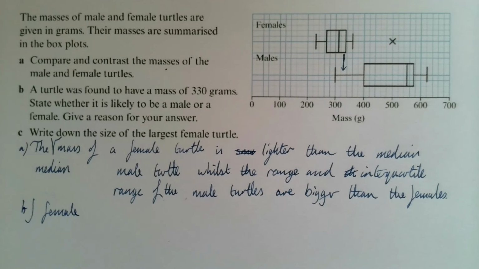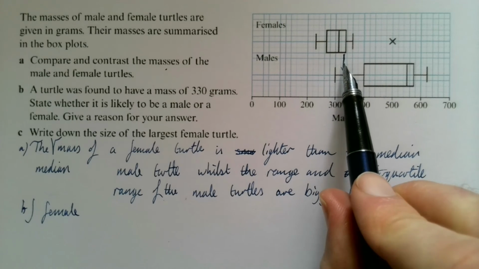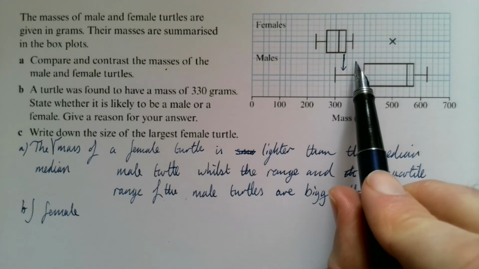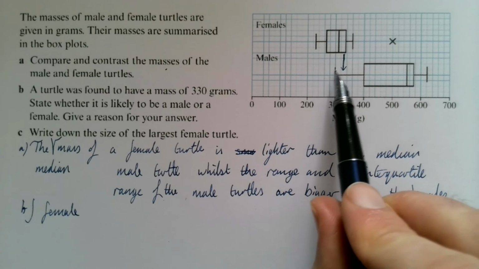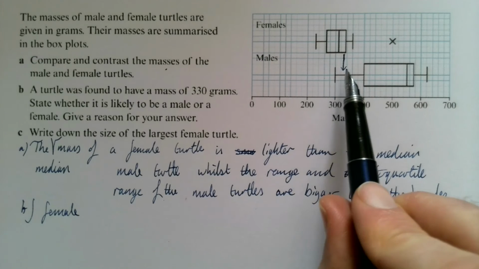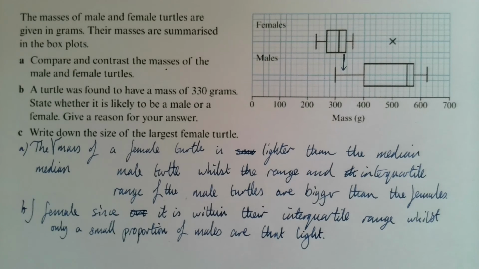And the reason for that is because over a quarter of the females are heavier than that, and 3/4 are lighter, but there's only a tiny proportion of the males that are that light. So I've written something down to do with that.